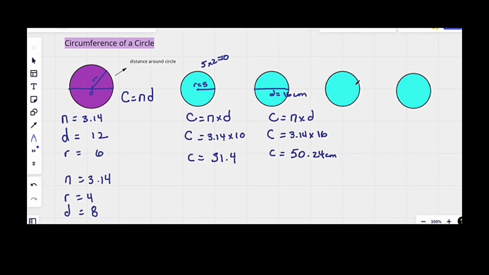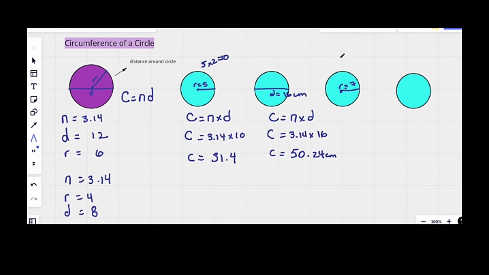So the next one, this time we're going to be given a radius, and the radius is going to be 7. So we get the radius, which is only half. And so the radius equals 7. Okay, so if we're given the radius equals 7, we know what we need is a diameter, not the radius. So how do we calculate the diameter?